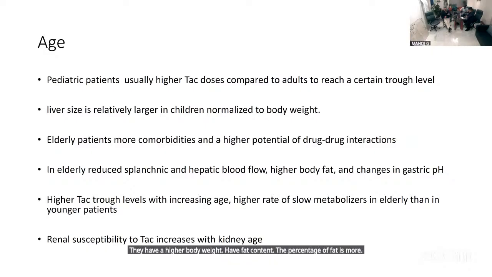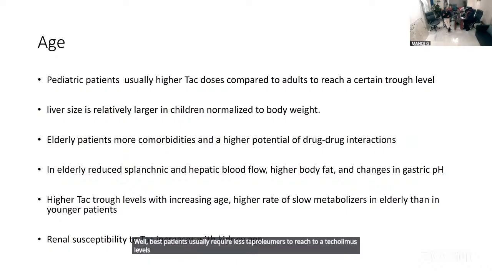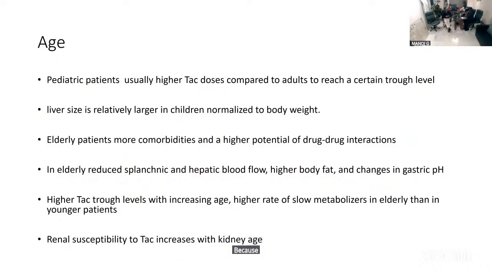We must have realized that obese patients usually require less tacrolimus to reach a target level, because in obese patients the CYP3A levels are inactive. There is a difference in the gastric pH of elderly patients and adults also. Tacrolimus and CNIs are better absorbed with acidic pH.